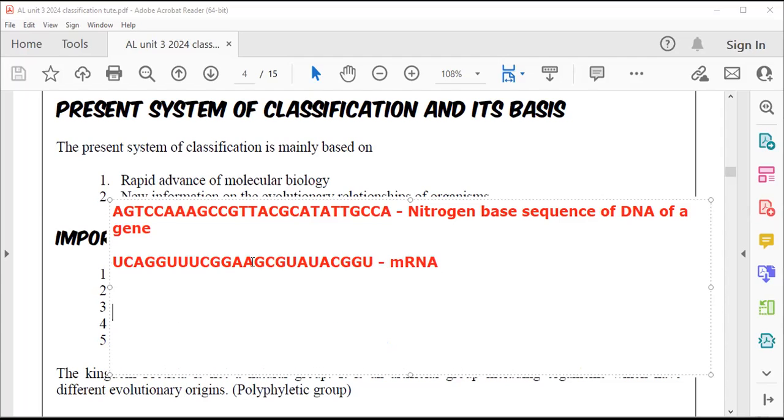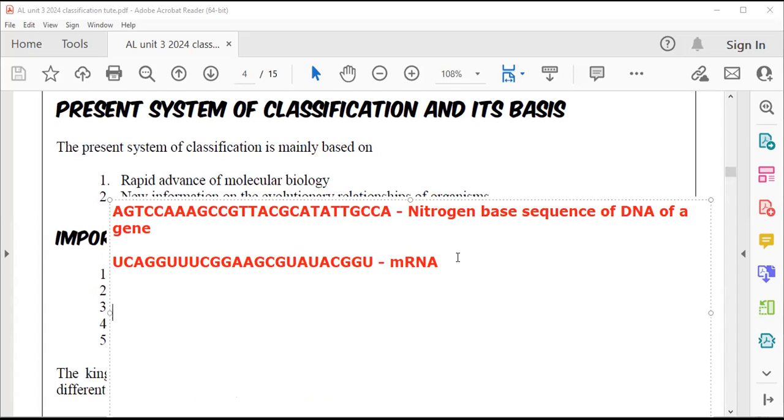Yes, sir. Right. In this mRNA, later in unit 7, you will fully study. So, do you agree mRNA also has a nitrogen base sequence? Every RNA has a nitrogen base sequence. An RNA's nitrogen base sequence is determined by the nitrogen base sequence of DNA. Clear? Yes, sir.